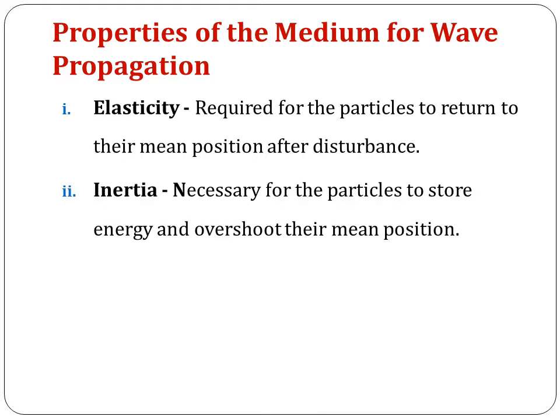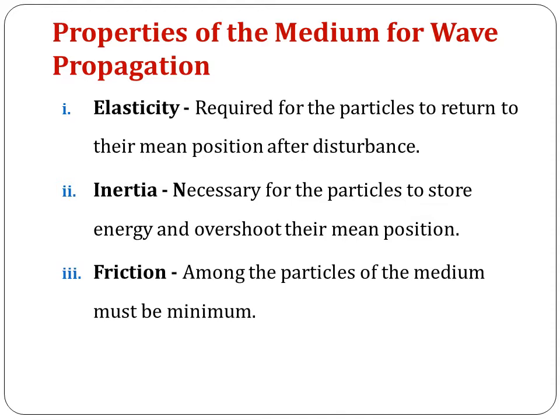Secondly, inertia is required for the particles to store energy and overshoot their mean position. Thirdly, friction among the particles of the medium must be minimum. Otherwise, the propagation of the wave is going to be disturbed. And last of all, the medium itself should have uniform density for the wave to propagate in a smooth manner.